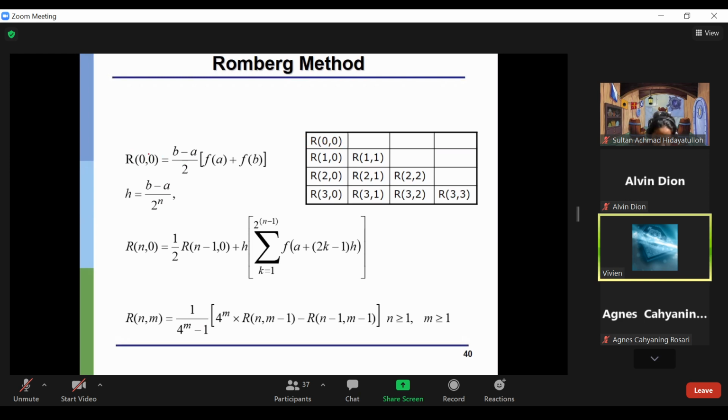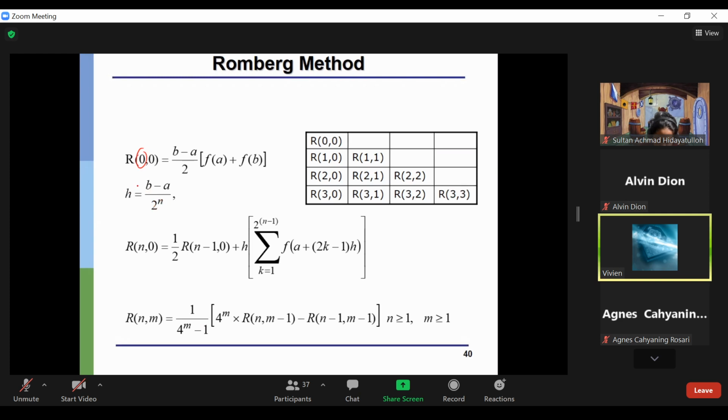The first index denotes the number of segments that is used. For example, with R00, n is 0, so 2 to the power of 0 will be 1.